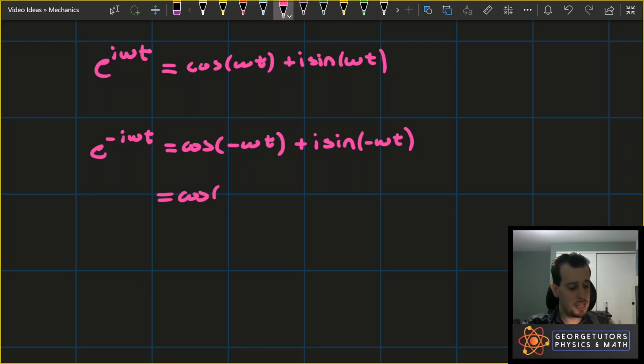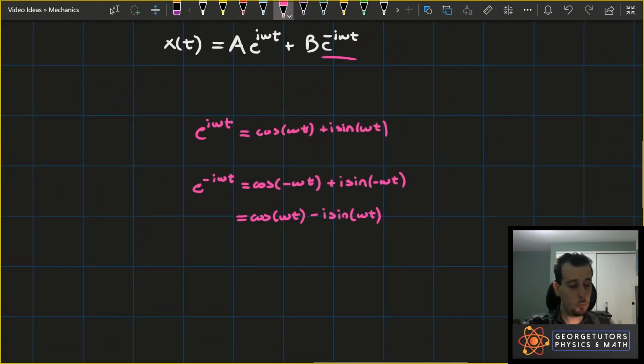It's going to give you the same value as the unchanged interior. But for sine, when you flip the interior sign, you're going to get the opposite value of what the original would give you. So you're going to get negative i sine omega t over here. And this is a way, again, you can express both of these in terms of cosines and sines.